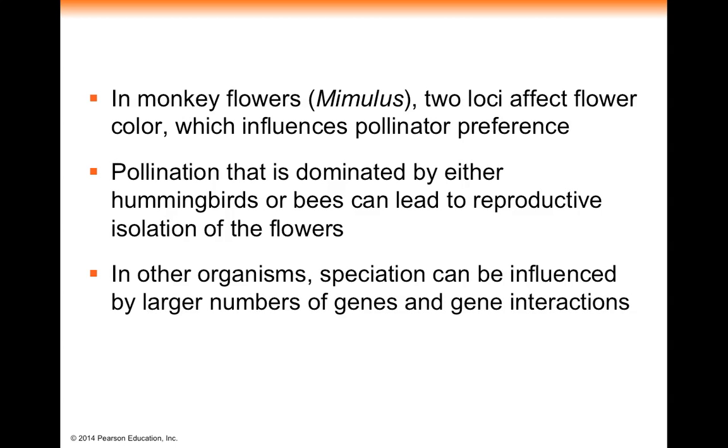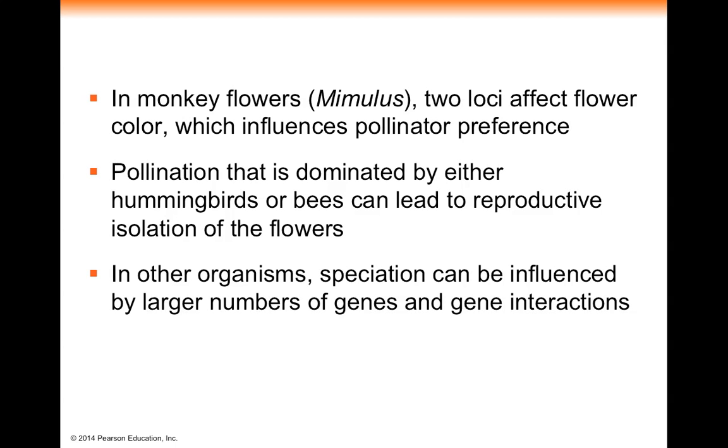So monkey flowers, which are closely related to snapdragons, in the genus Mimulus, we know that there are a couple of simple loci that affect flower color, and that's going to affect the pollinator preference. And pollinator preference is a form of reproductive isolation.